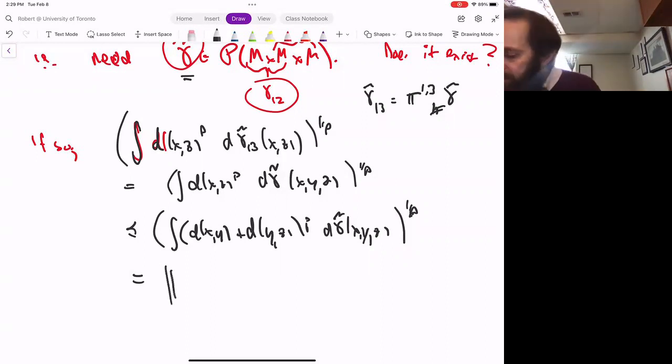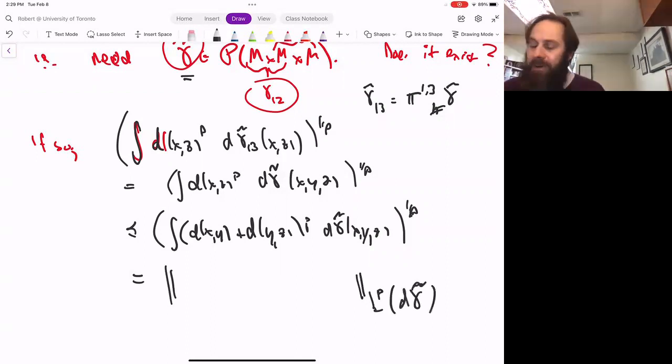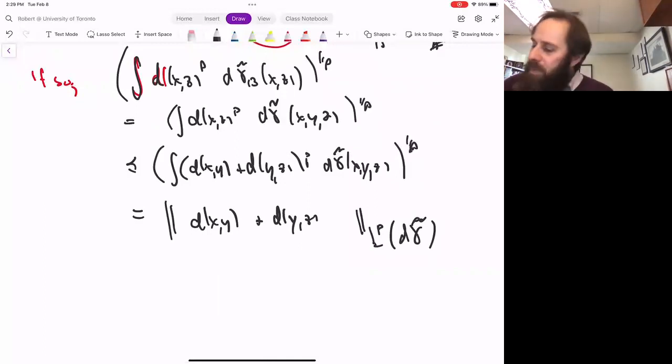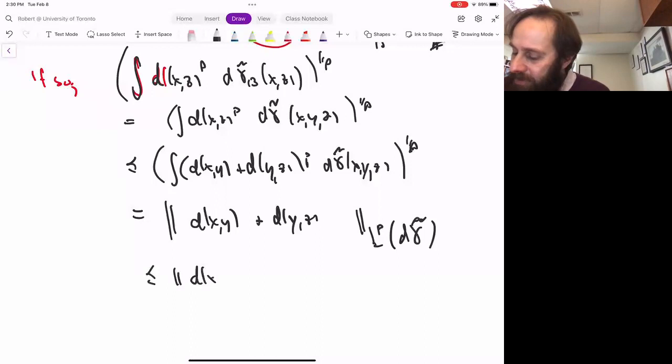So you might recognize this as the L^p norm with respect to gamma tilde of some function. Right, and the function is d_xy plus d_yz. And then because the L^p norm is a norm, I guess this is, I'm not sure, Minkowski's inequality?